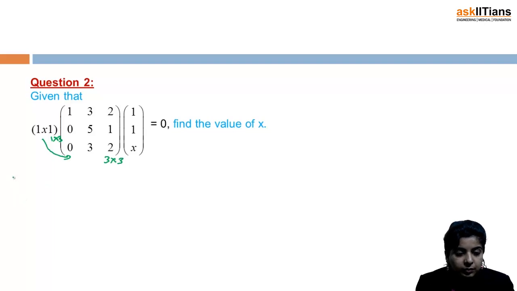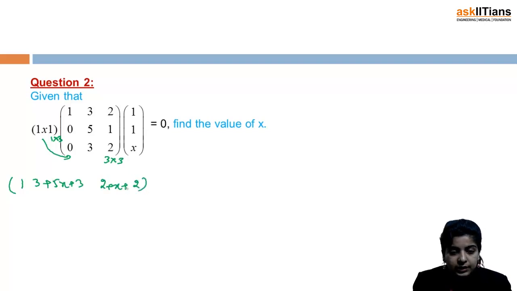So what do I get when I multiply this? 1. Then I have 3 plus 5x plus 3, and then I have 3 plus 5 plus 3, right? Sorry, then I have 2 plus x plus 2, right? When we multiply these two, I get this.